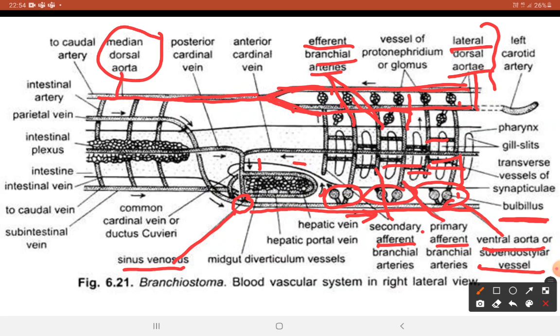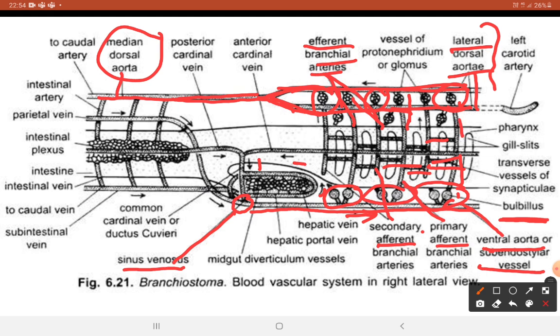Okay, now before joining the lateral dorsal aorta, each of these efferent vessels splits. Here you can see this small capillary network.